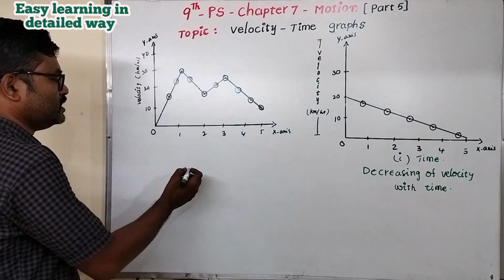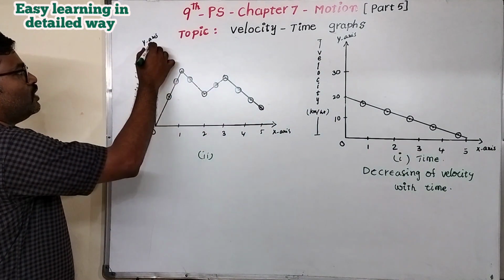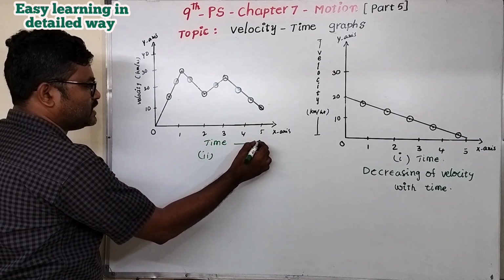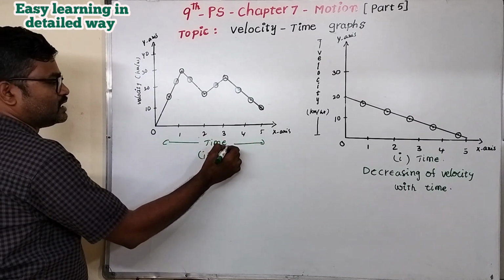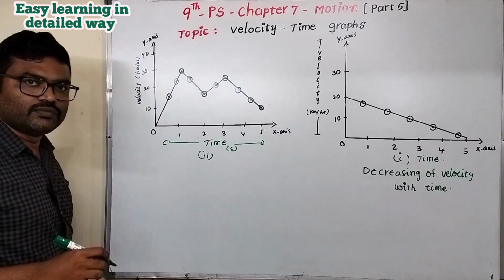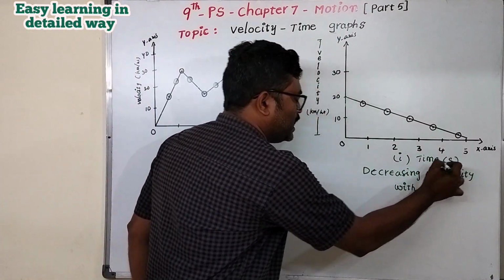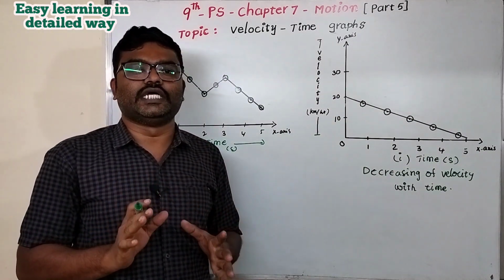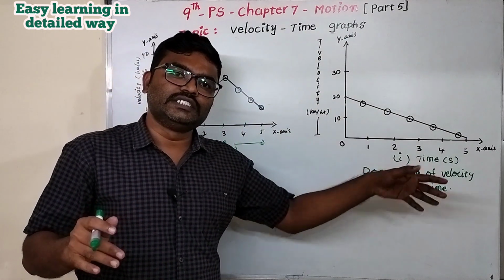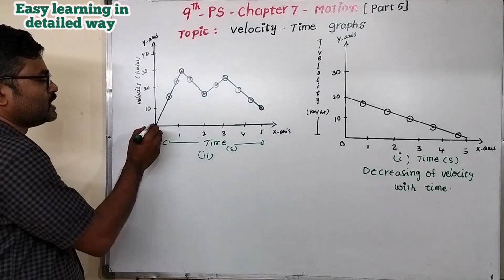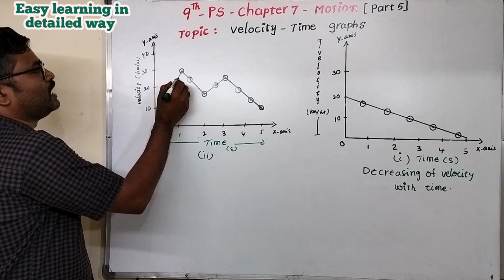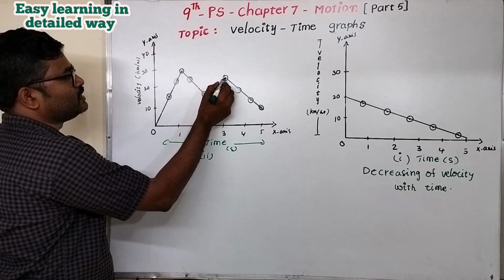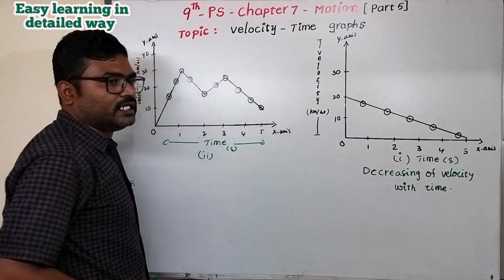And the second one, in the second graph, here also velocity is on the y-axis and time on the x-axis. Time is in seconds and velocity is in kilometers per hour. See, here there is no constant variation. Of course, in the first it is constantly decreasing, but in this case the velocity is increasing and then it decreases, again it is increasing, again it is decreasing.